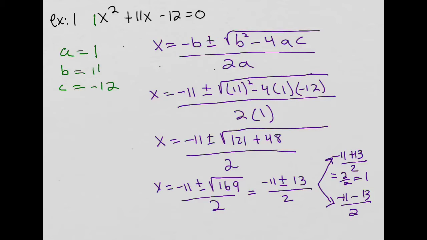And then negative 11 minus 13 gives you negative 24, divided by 2 gives you negative 12. So this is one of the answers, and this is the second answer. You're supposed to get two answers because of the plus or minus. Don't forget that. So in this example, we used the quadratic formula to solve it.